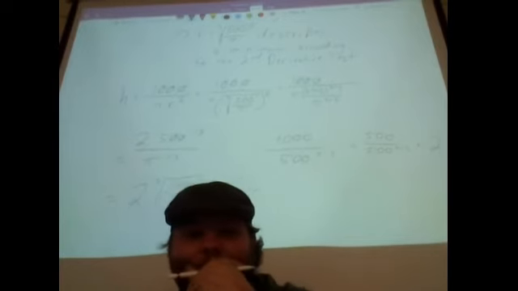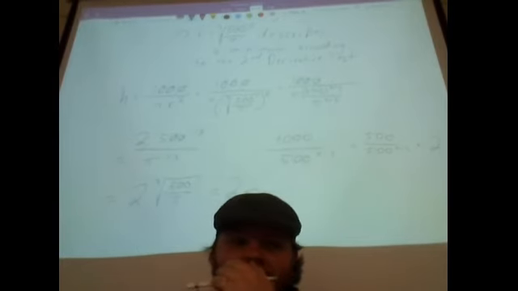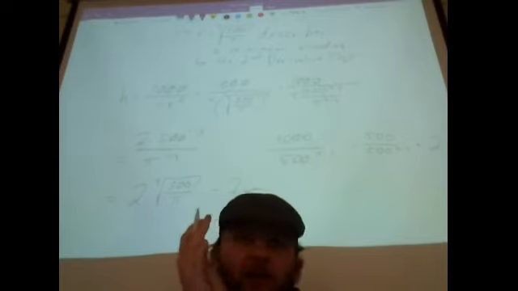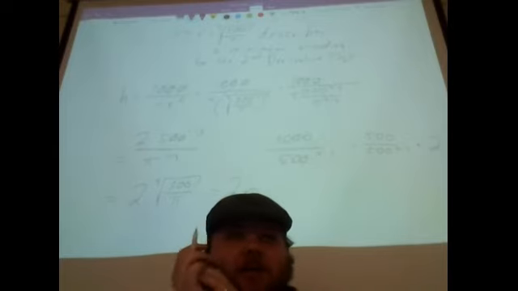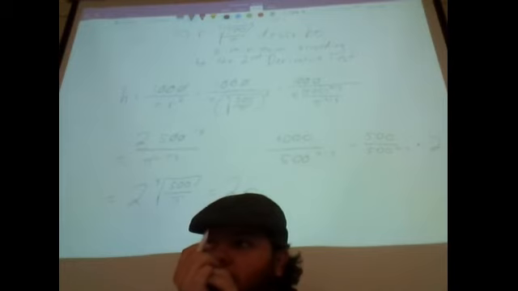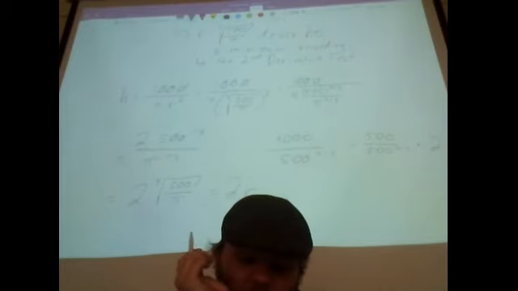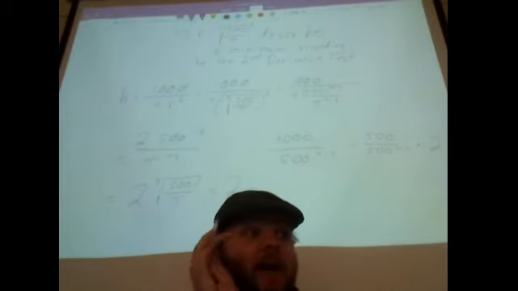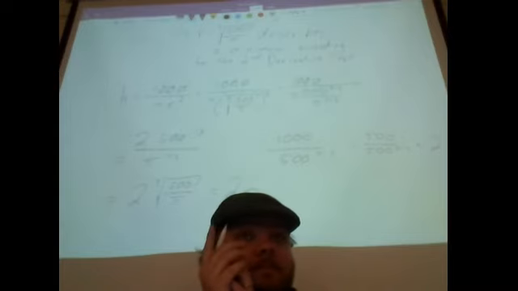So that's just going to be 2 times 500 to the 1/3 power, right? So that's 2 times the cube root of 500 over pi.